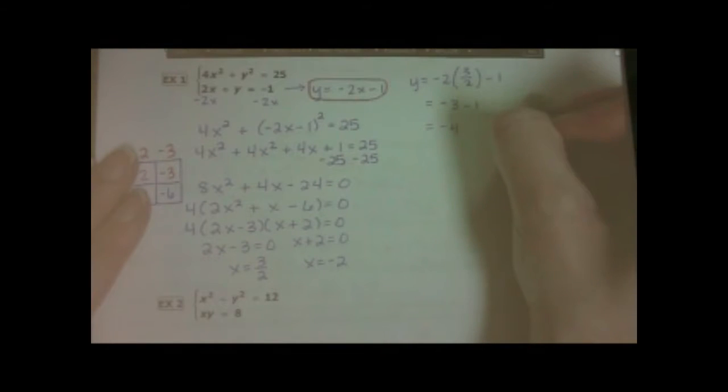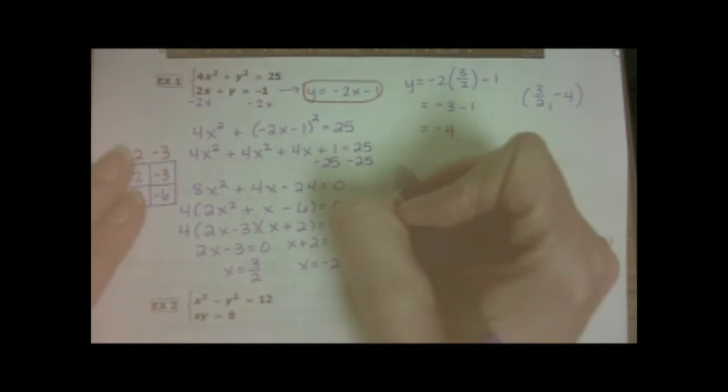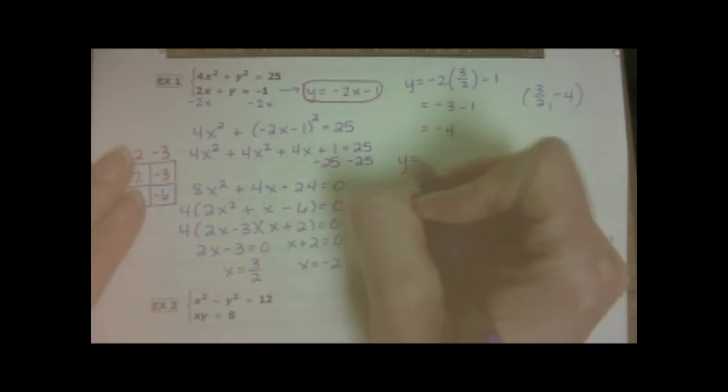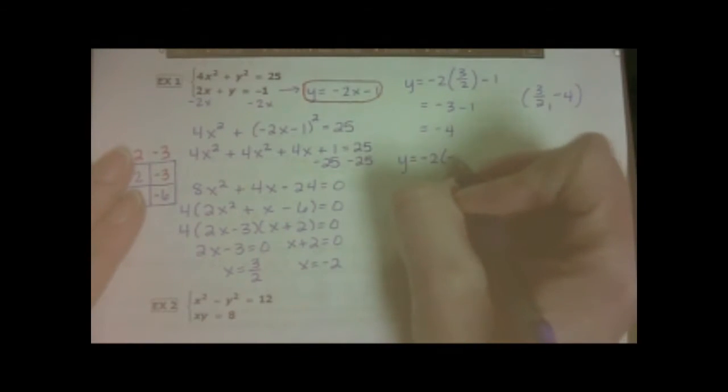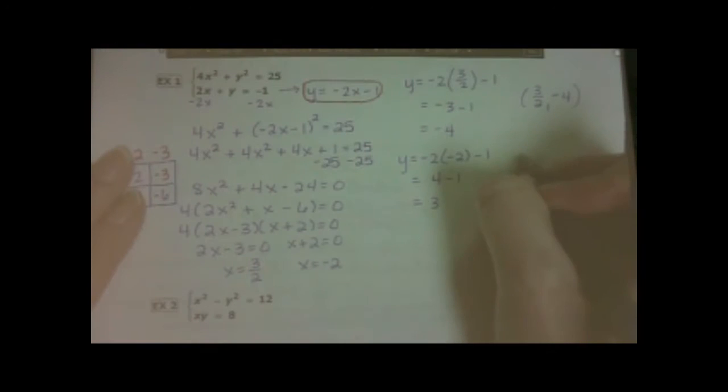So this gives me the point 3 halves, negative 4. Now let's do it again for x is negative 2. So y equals negative 2 times negative 2 minus 1 equals 4 minus 1 is 3. So our second point is negative 2, 3.